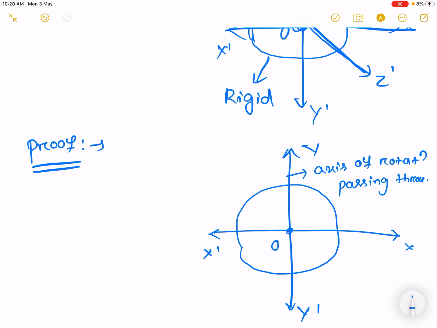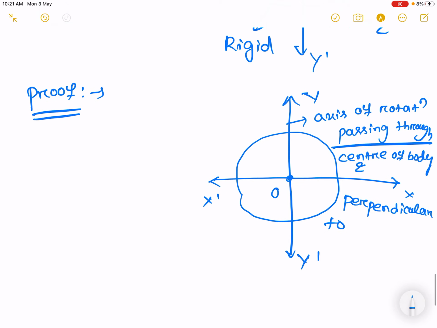This is the main concept. If the axis passing through center of body and perpendicular to its plane, then we must apply perpendicular axis theorem.